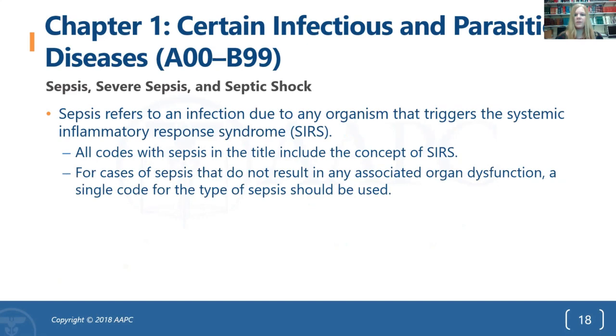Sepsis refers to an infection due to any organism that triggers a systemic inflammatory response. All codes with sepsis in the title include the concept of systemic inflammatory response syndrome, or SIRS. For cases of sepsis that do not result in any associated organ dysfunction, just a single code for the type of sepsis should be assigned.